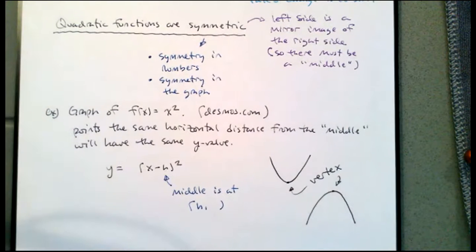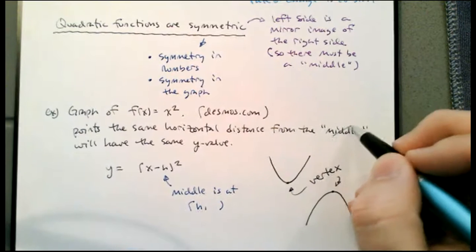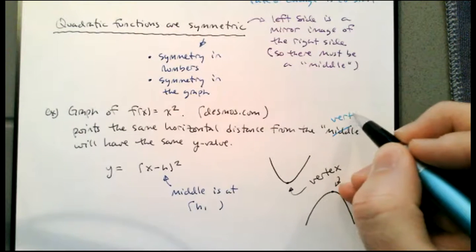But the vertex will either be the lowest point on the parabola or the highest point on the parabola. And that will serve as the horizontal middle of the parabola. So instead of just calling it the middle, we're going to give that point a name since it's so important. We're going to call it the vertex.